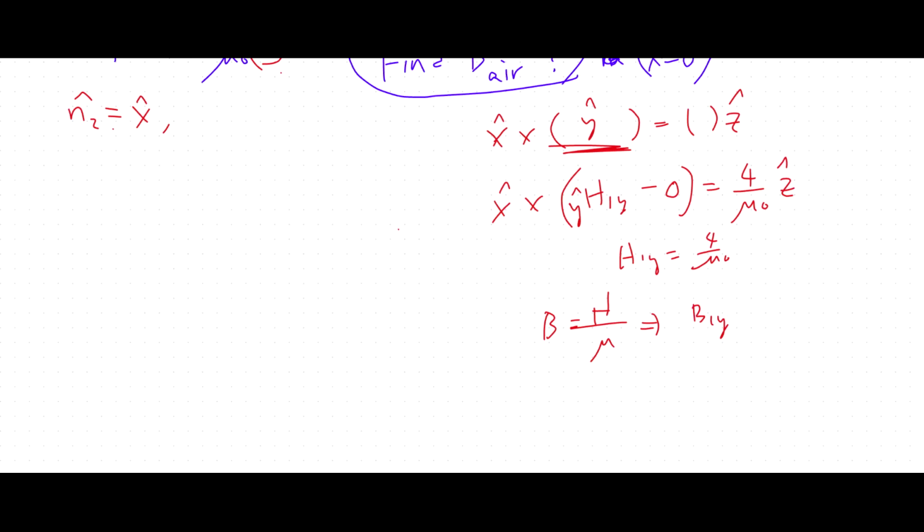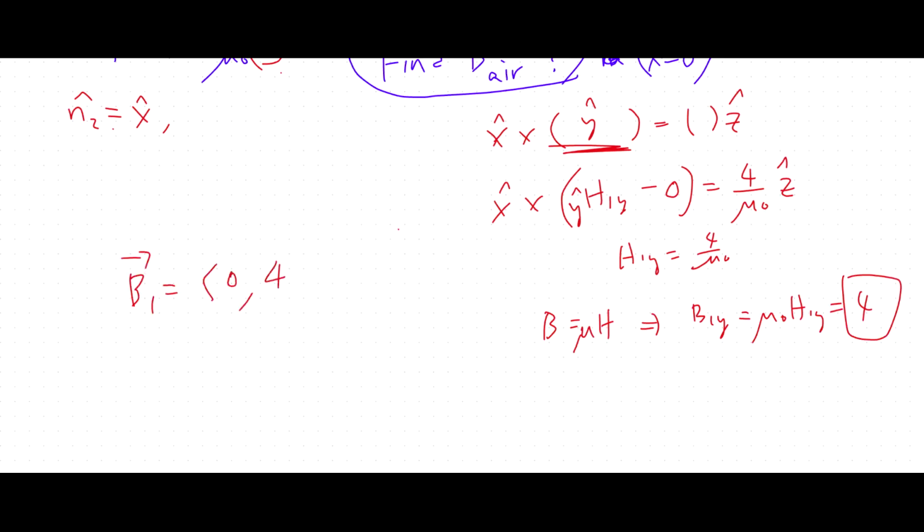H is B over mu. So this is equal to, this is B1, right? So it's equal to mu naught times H1Y, which is just equal to 4. Right? So my B1, X component is 0, Y component is 4.